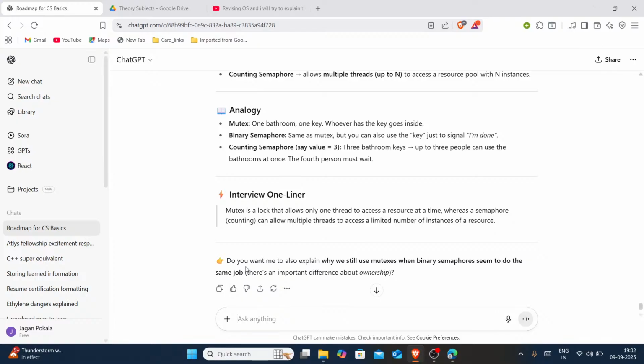A mutex is a lock that allows only one thread to access the resource at a time, whereas a semaphore can allow multiple threads to access a limited number of instances.